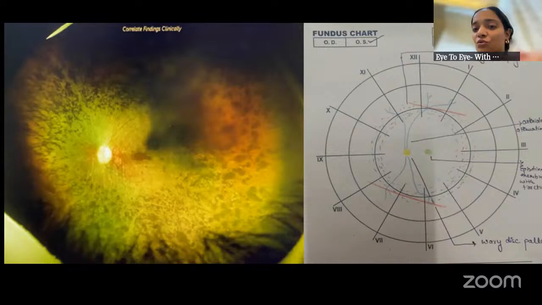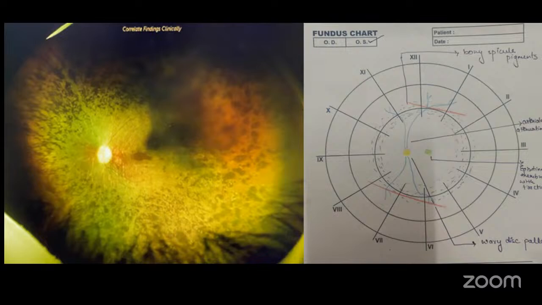Ma'am, we usually do at 1 meter distance. If there is any PSC, there will be a central dark spot which is seen.